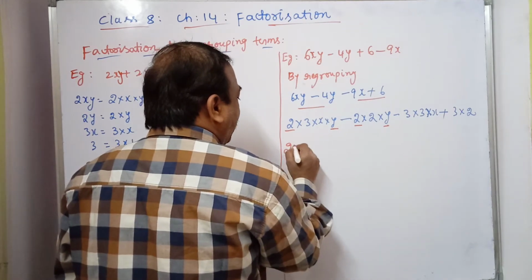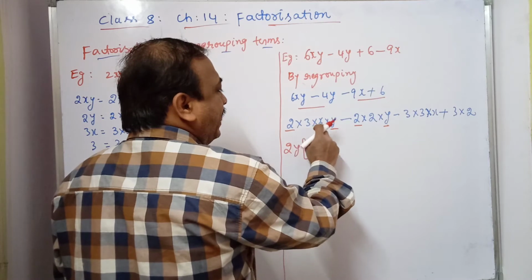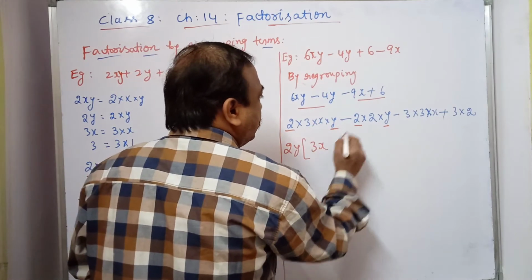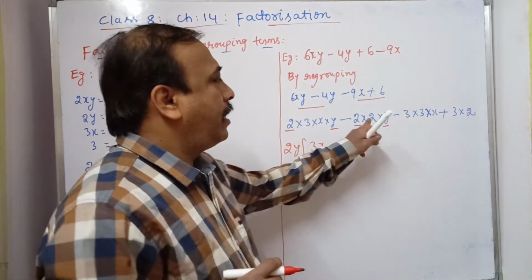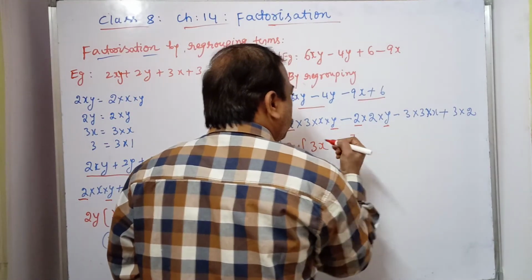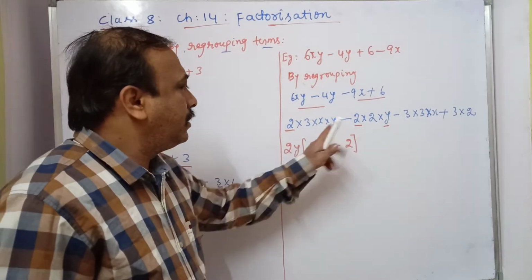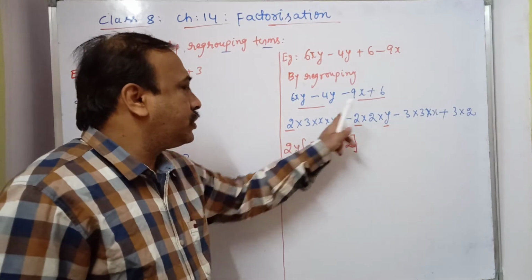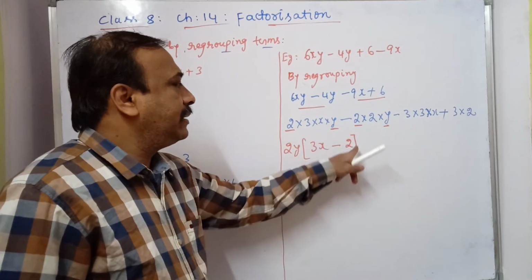So 2y I am taking out common. What is left over? 3x, minus sign is there, minus, what is left over? 2. Do you understand this step? 2 common, y common, so 2y outside, 3x minus 2.